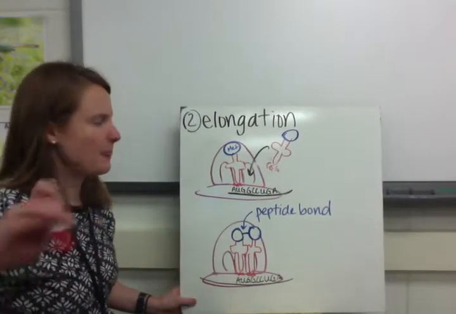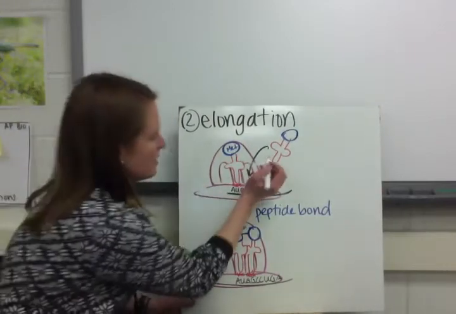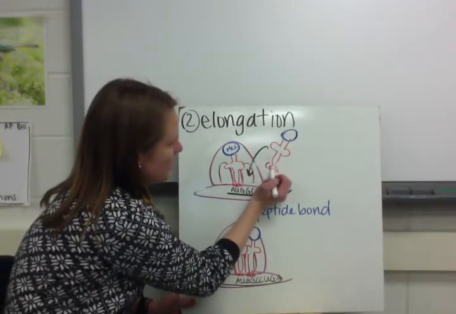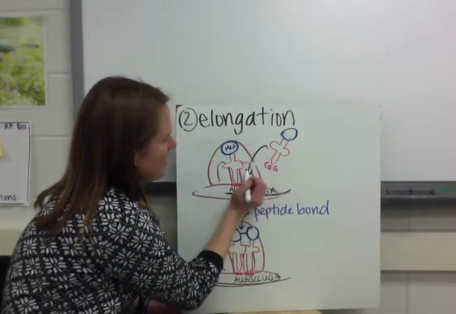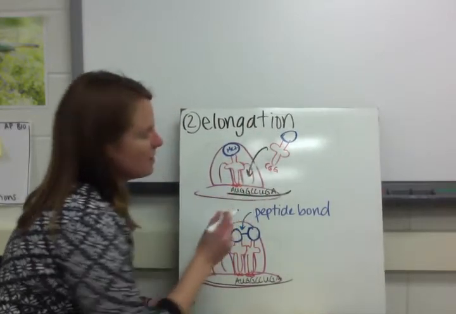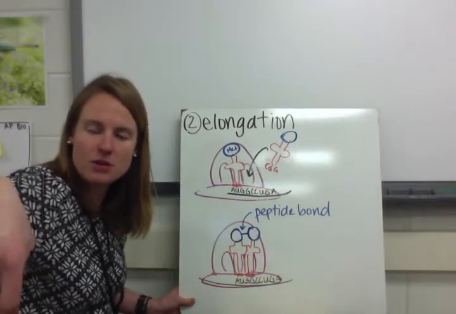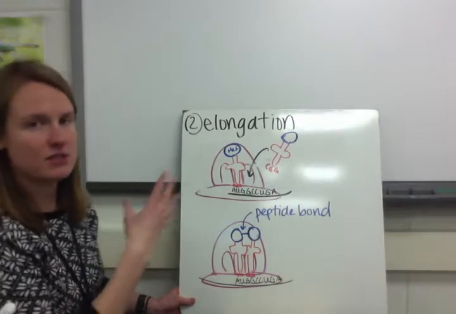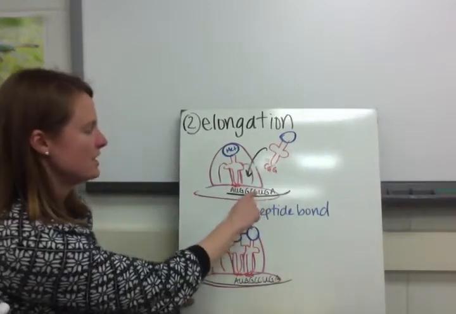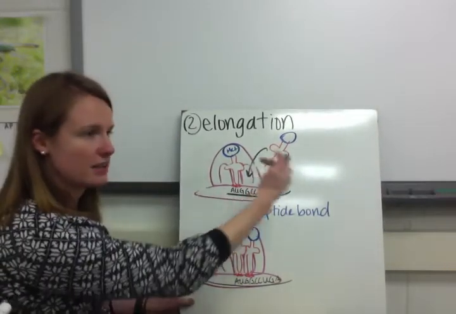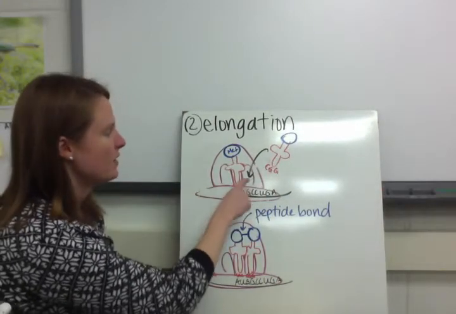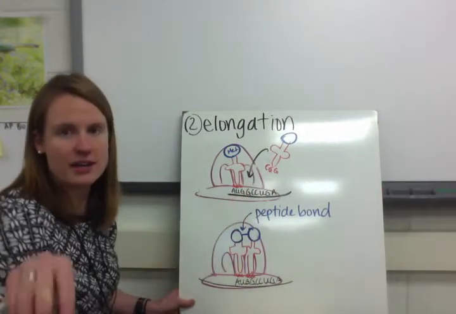For elongation, what happens is the ribosome pushes its mRNA a little bit further to the side so that it can see what the next codon is.